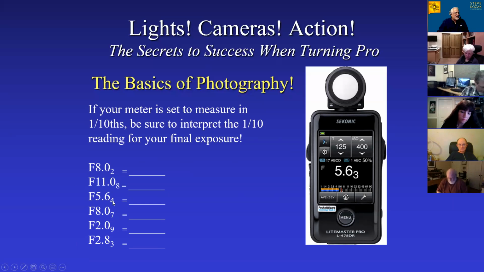If I'm at 5.6 and 4/10, then I'm going to go to that setting that's between my 5.6 and my 8, that little halfway stop. Because remember, my camera's in half stop increments. I don't care what the number is. You can look it up if you want to. I think it's 6.7 or 7.1 or something. I don't even remember what it is. But I just know it's the halfway point between 5.6 and 8. And so that's the setting that I'm going to use for 5.6 and 4/10.